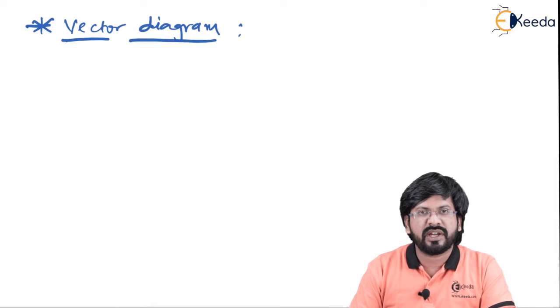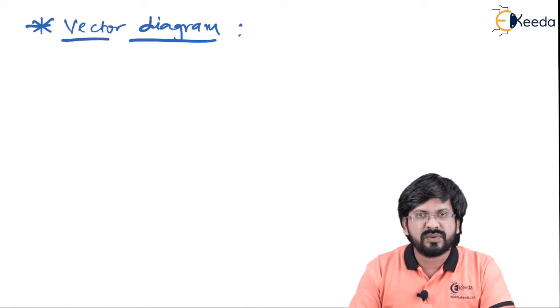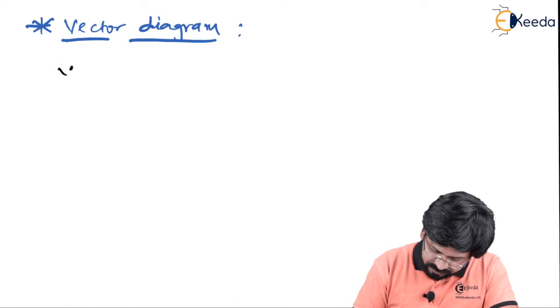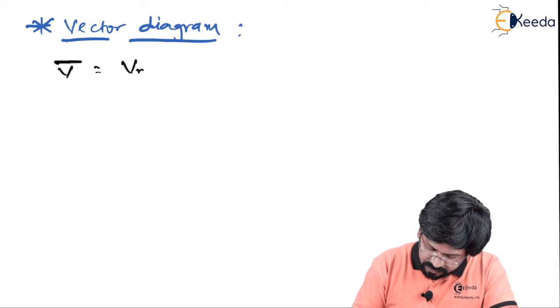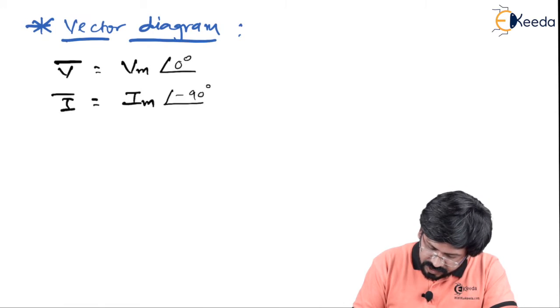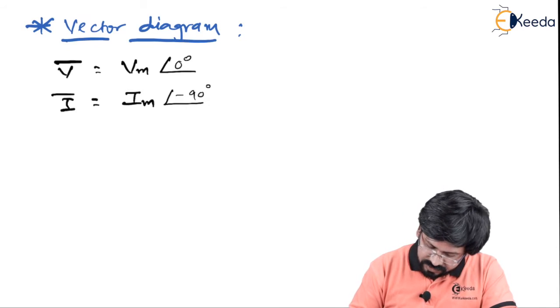Now we will see the vector diagram. Vector diagram means drawing the final V vector and I vector. For that we need to recall what the V vector and I vector were. The V vector was simply Vm at an angle of 0 degrees and the I vector was Im at an angle of minus 90 degrees. Let's draw this.